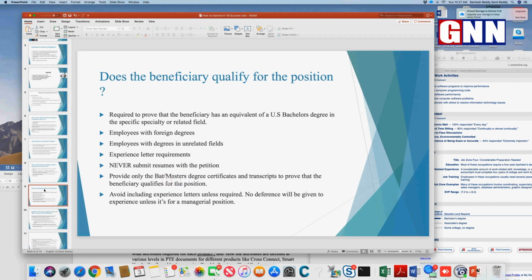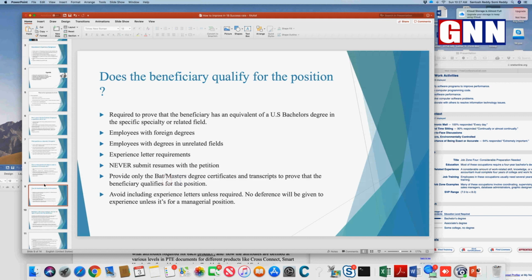Okay, good. So the next thing is, how do you show that the beneficiary actually qualifies for the position? In order to qualify for the position, the beneficiary must have the equivalent of a US bachelor's in that specific specialty.